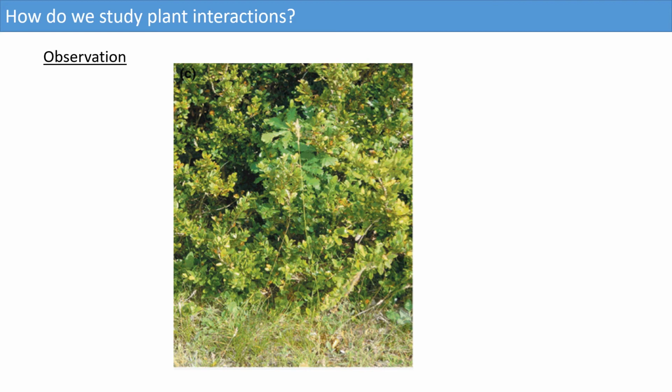The darker colored leaves correspond to a small oak sapling that is struggling to develop into a tree. So the same way that you cannot see it, this delicious juicy sapling is quite well hidden from potential herbivores, from potential grazers that would like to eat it in this bush. So sometimes you would very much like to observe the interaction, but it's simply not possible to do it unless you have a keen eye and you know what you're looking for.